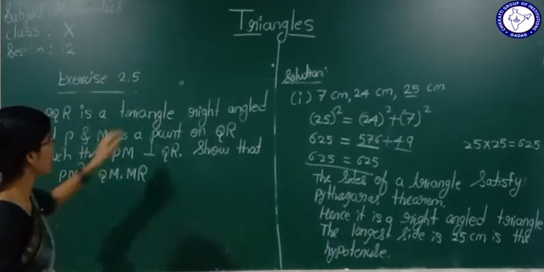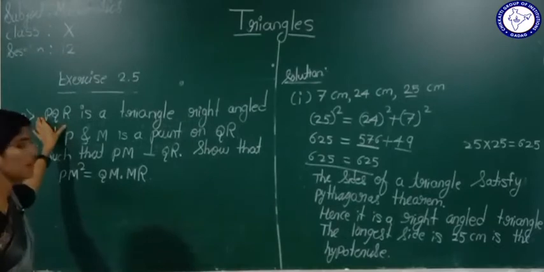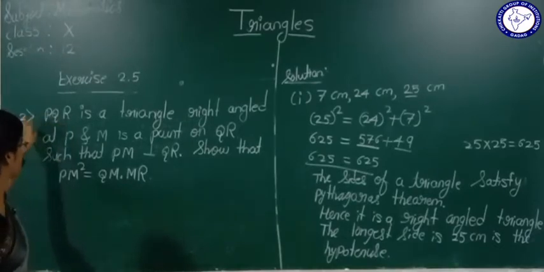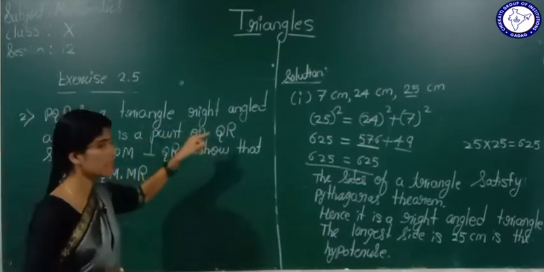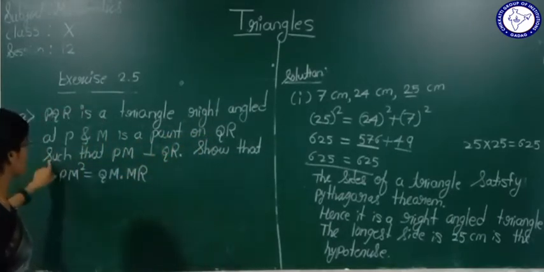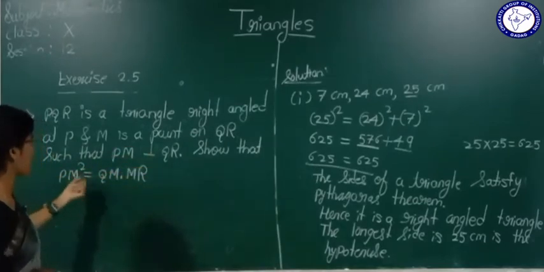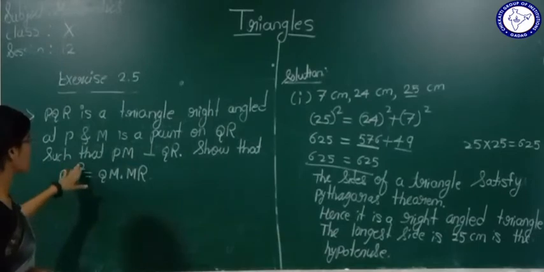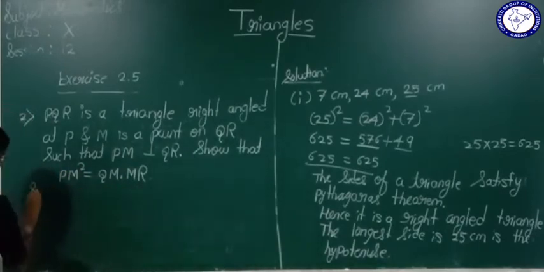Now the second question tells us that PQR is a triangle. Which triangle? It is right angled at P. Means definitely PQR is a right angled triangle. It is right angled at P. M is a point on QR such that PM is perpendicular to QR. We have to show that PM square is equal to QM into MR. So if you draw the figure, we will clearly understand.